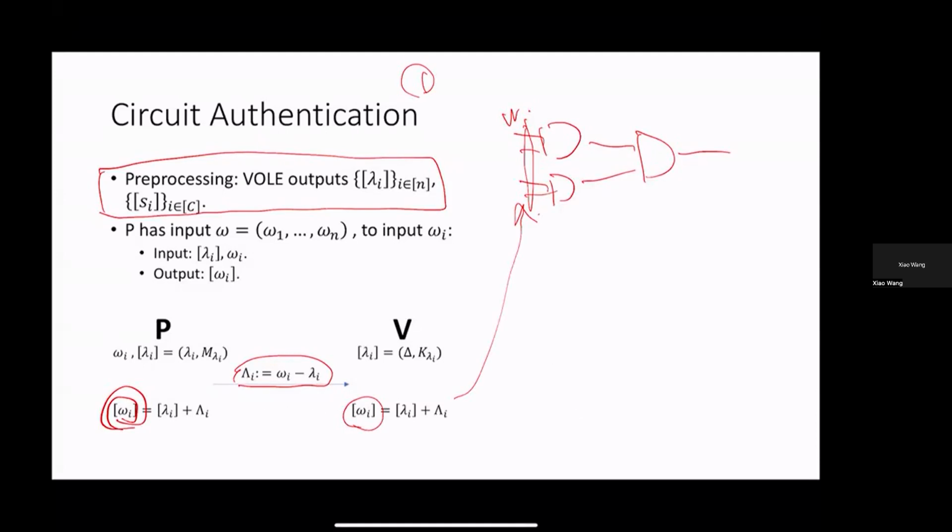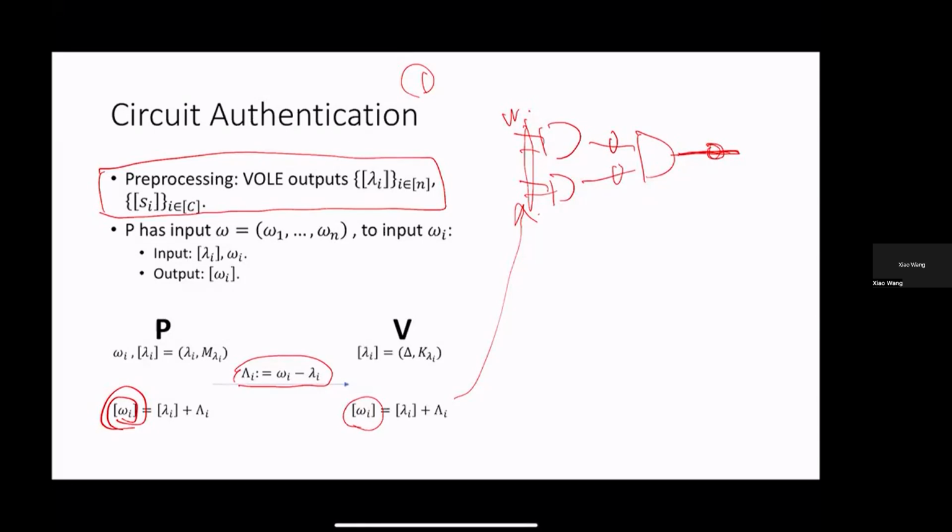Our goal is to gradually get authentication of all the wires in the circuit and eventually get the authentication of the output wire. Once we get the authentication of the output wire, the prover can open this wire to the verifier, and the verifier can check whether this value is as desired. So we want to go gate by gate.